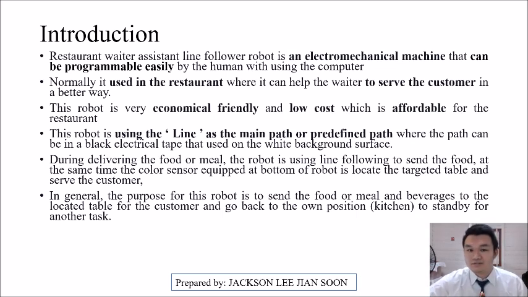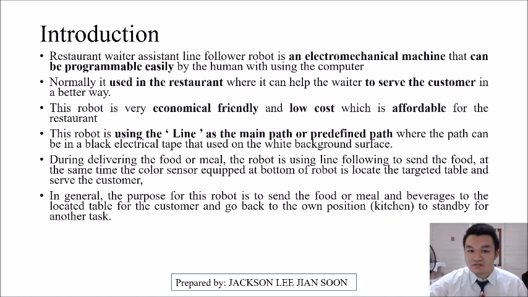In addition, the development of this robot uses a combination of electronic parts and mechanical parts. It is normally used in the restaurant, where it can assist the waiter to serve the customer in another way during peak hour, holiday season, festive season, and so on.